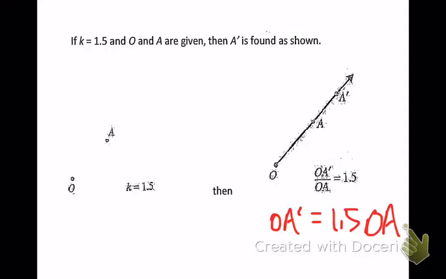So I'd measure OA, multiply it times 1.5, and that tells me where the A prime would be. Right? A prime is on the ray OA, and then we lengthen it. Now it's not always lengthened. K could be less than 1. Then it would shorten the line.